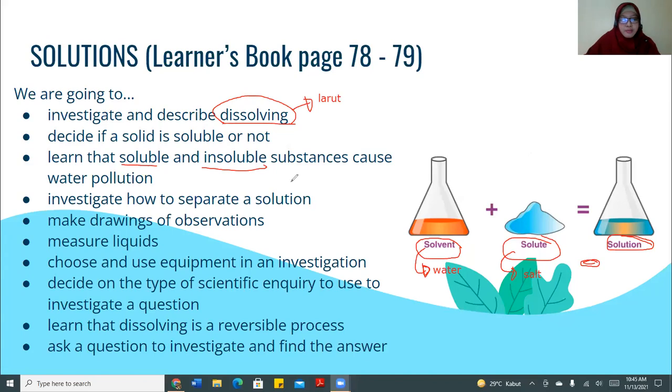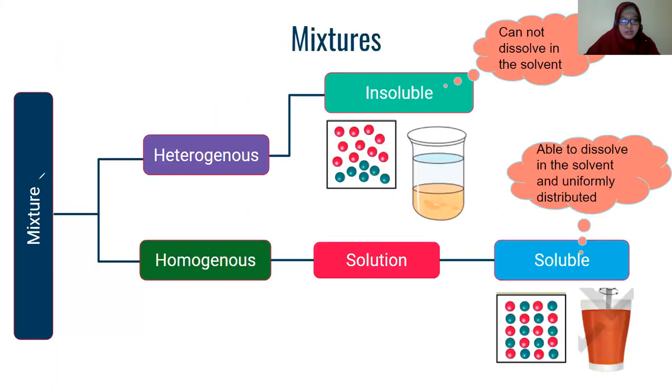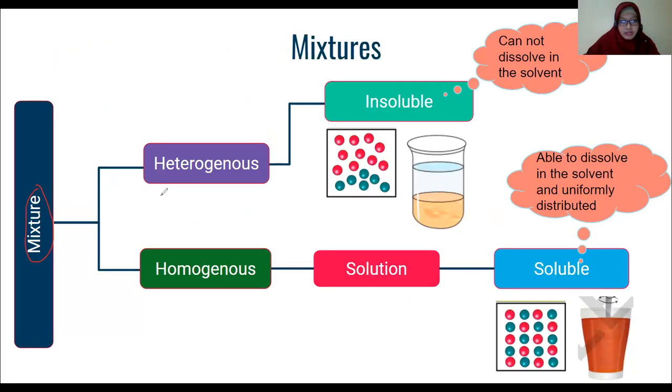Okay, so mixture is divided into two, heterogeneous and homogeneous. Heterogeneous means different and homogeneous means similar. Different means it cannot be uniformly distributed in the solvent. So it means that the solid is insoluble or cannot be dissolved in the solvent.